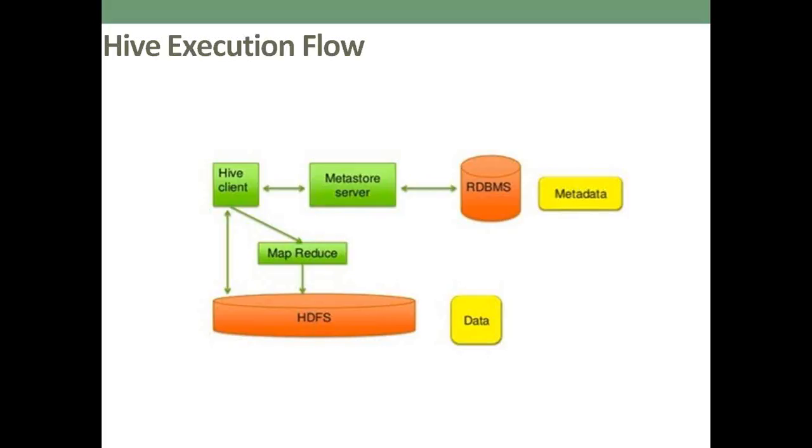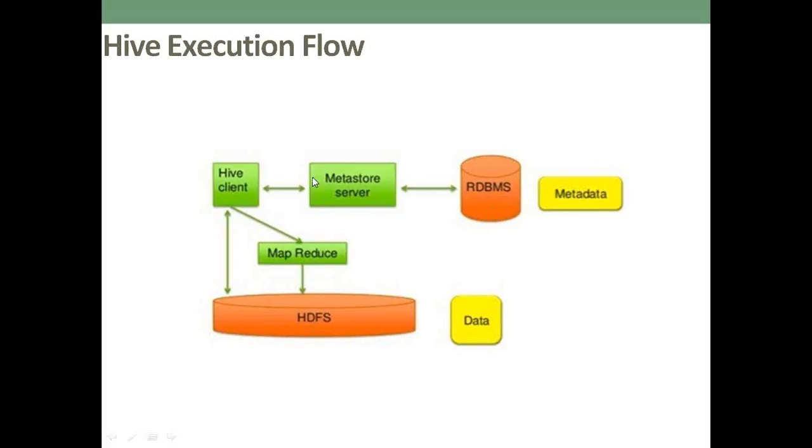Generally, how is the Hive execution flow? The Hive client will submit the SQL query to the Hive tool. It will first go to the metastore, which may be any relational database or RDBMS.